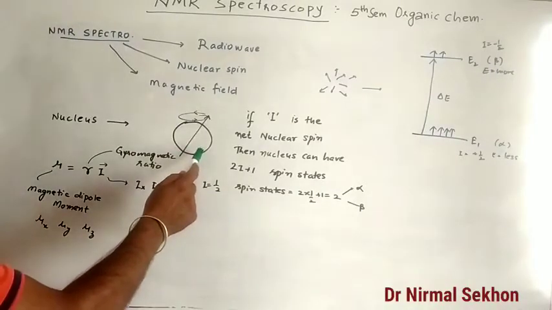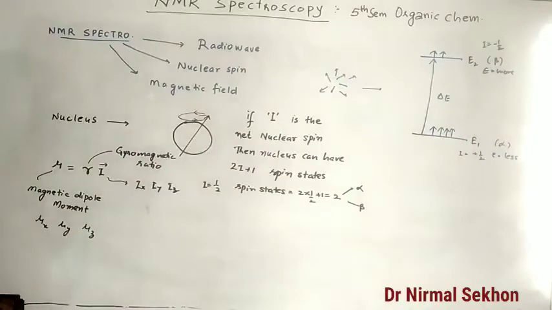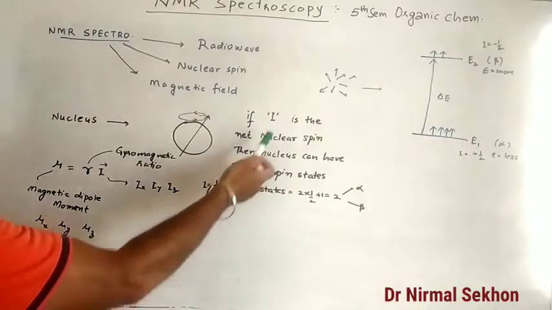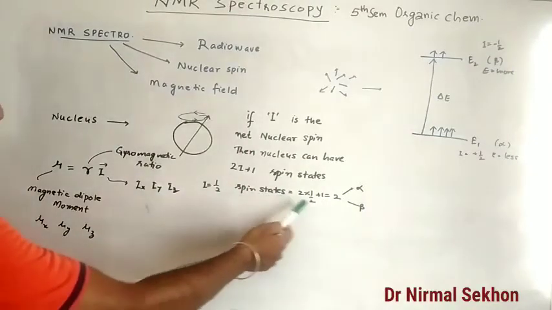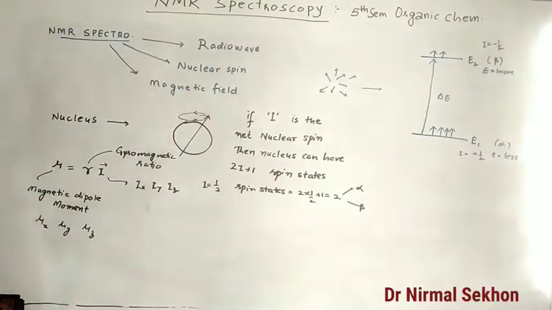If I is the net nuclear spin, then a nucleus can have 2I plus 1 spin states. So if I is half, then the spin states become 2. Why?